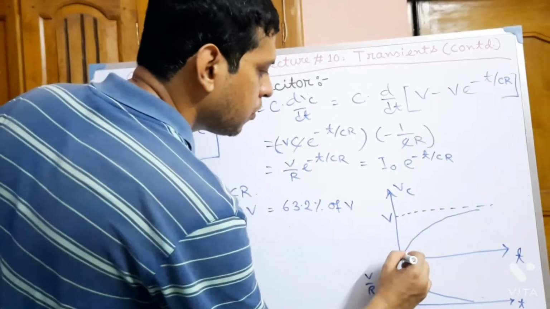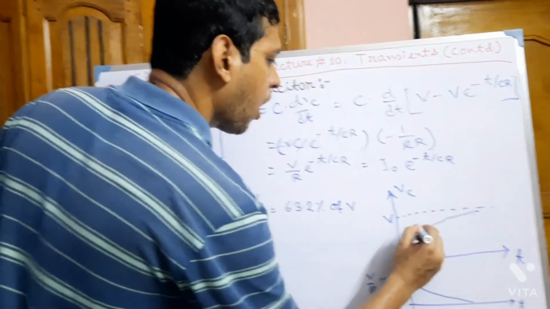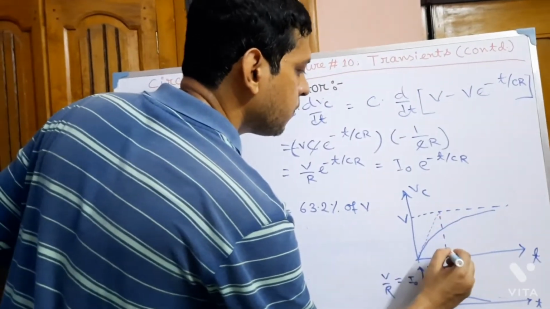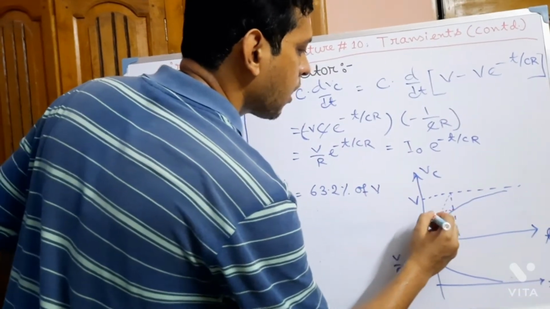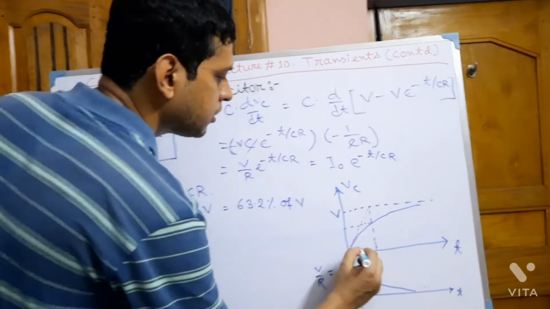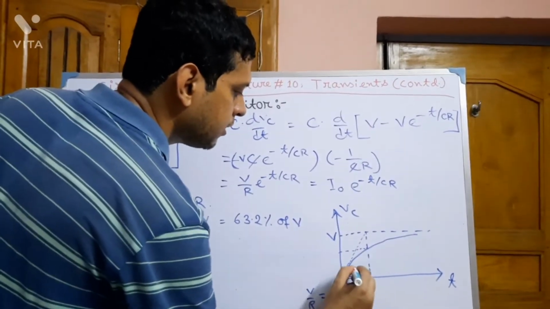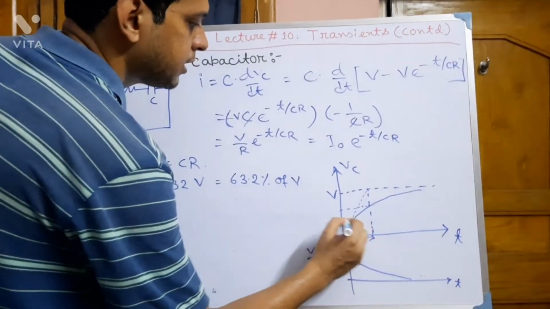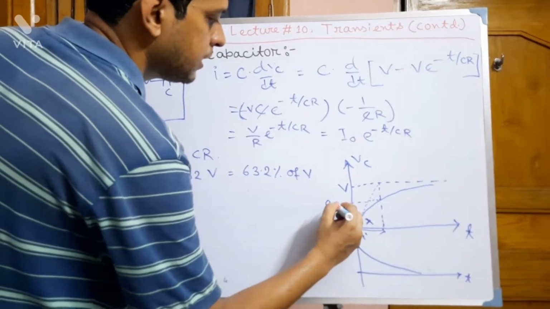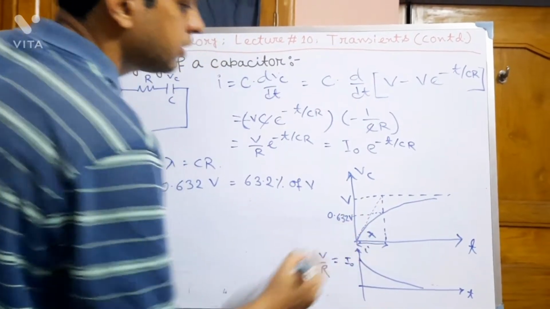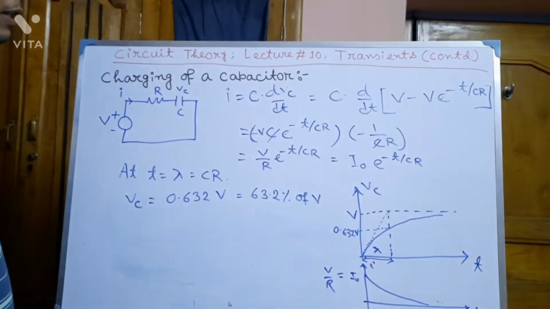So this is the time constant interval, we can call this interval as lambda, and we will get 63.2% of the final value.